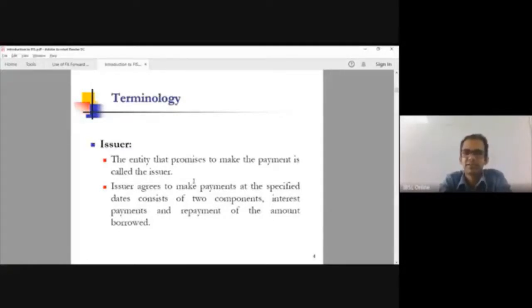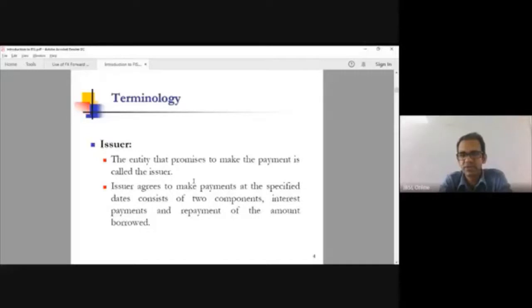But there are some short-term products as well with these characteristics. So basically, the issuer is the borrower who initially borrows funds, issuing a security which promises to pay certain or fixed amounts on future dates.